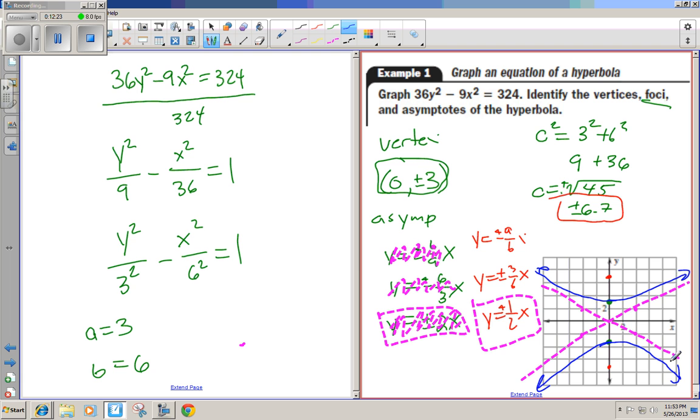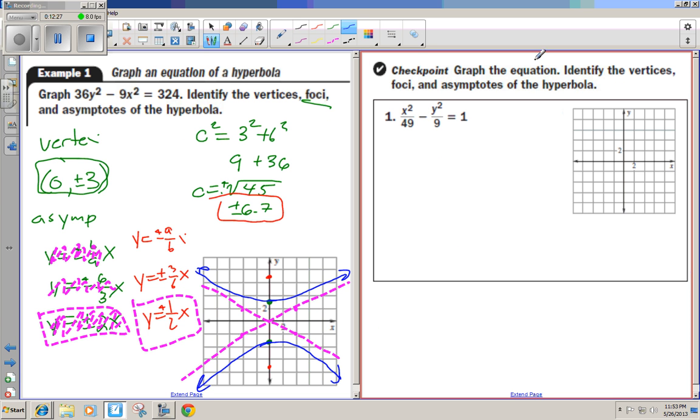All right, we're going to go ahead and keep plugging through some of these examples. Graph the equation, identify the vertices, foci, and asymptotes for this. It is already set up for you. It's x minus y. So since it's minus y, it actually is a horizontal one this time. Since it's horizontal, the x has the larger, is not negative.